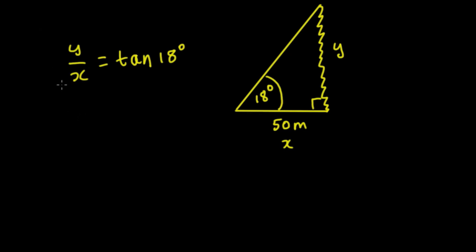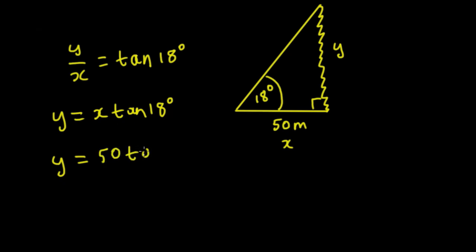Our calculator tells us what that ratio of y upon x is. So therefore, if we were looking for the y height, y would equal x tan 18 degrees. So in this case y is going to equal, well, we know the x is 50, so it's going to be 50 times tan of 18 degrees.